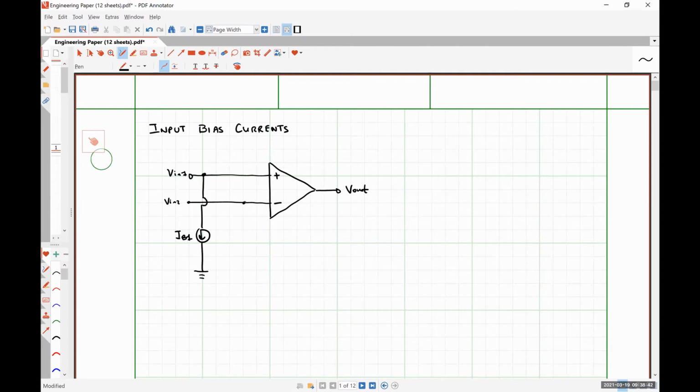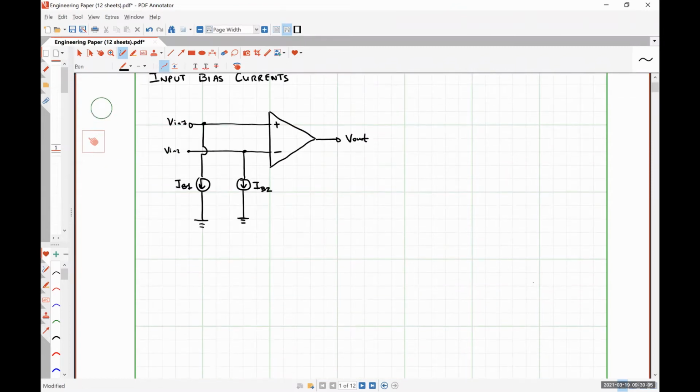I feel like it's much less confusing. So this is how we're going to model our input bias currents. And it's going to be easiest to see their actual effects by doing some circuit analysis.